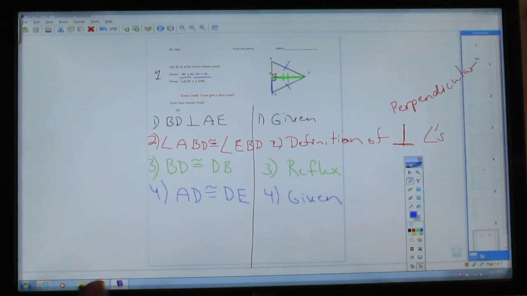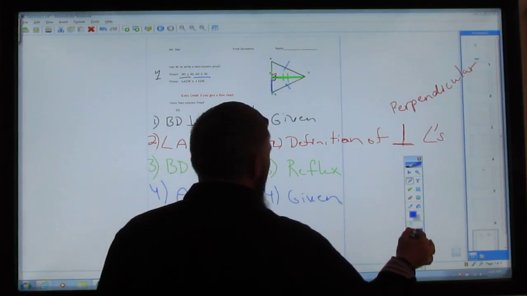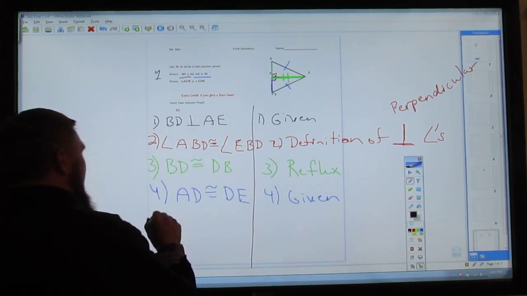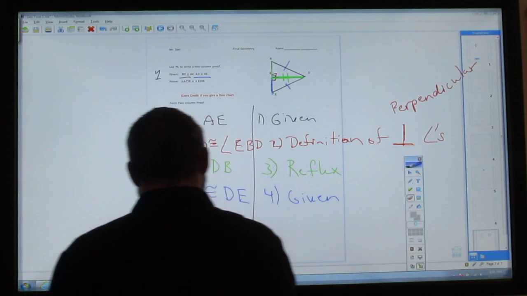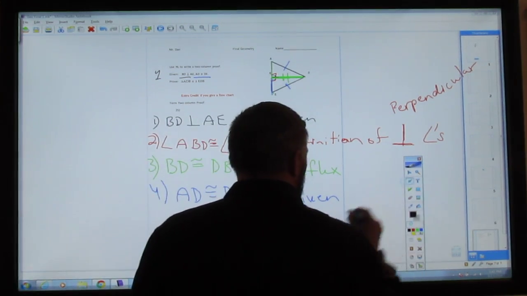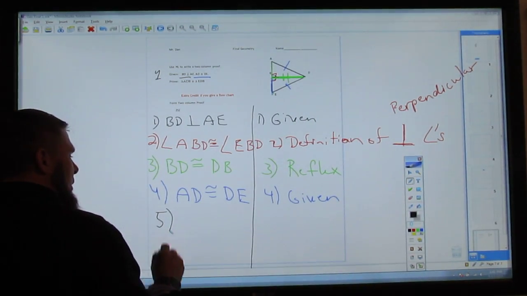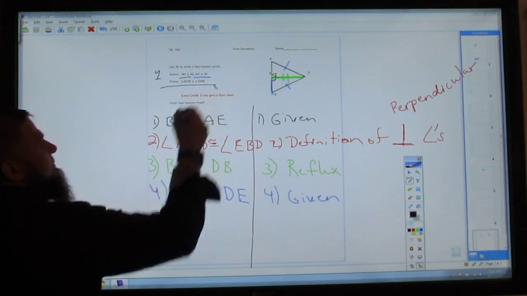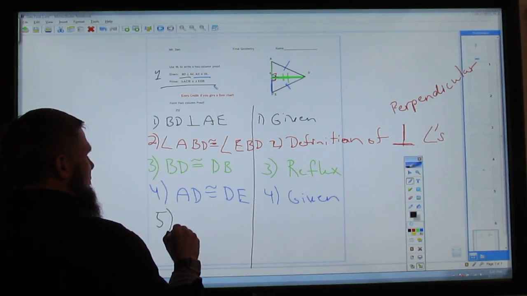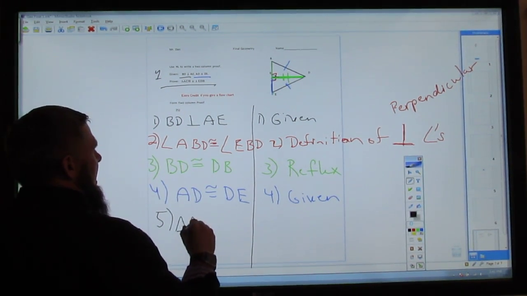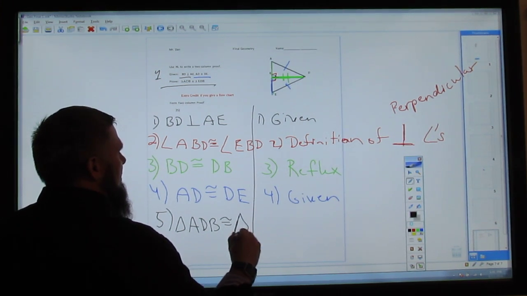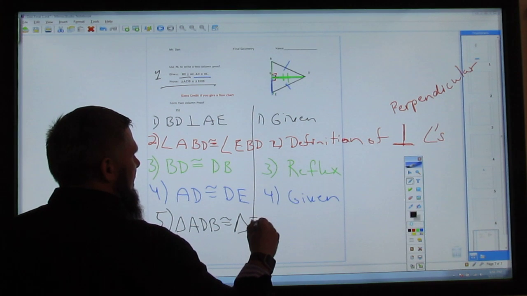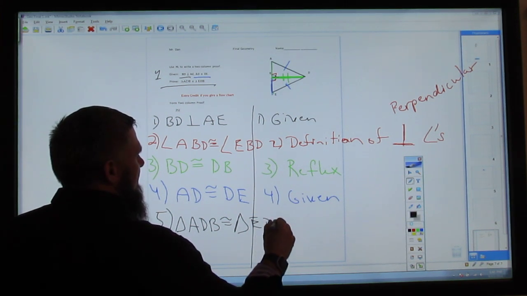Last step, step number 5, is the proof. Triangle ADB is congruent to triangle EDB.